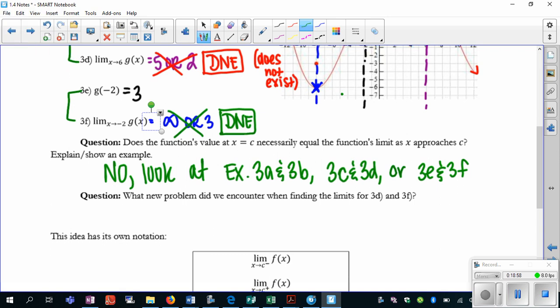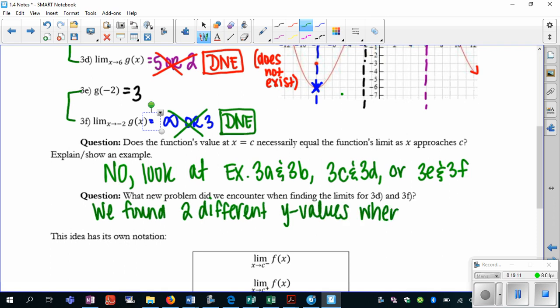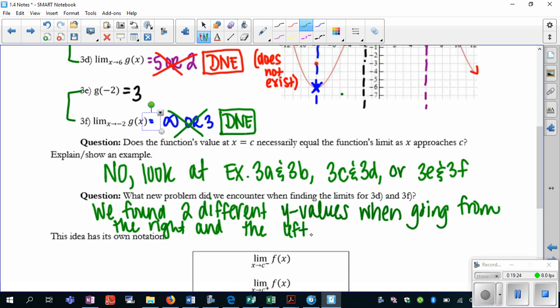when going from the right and the left, which leads us to this next concept.